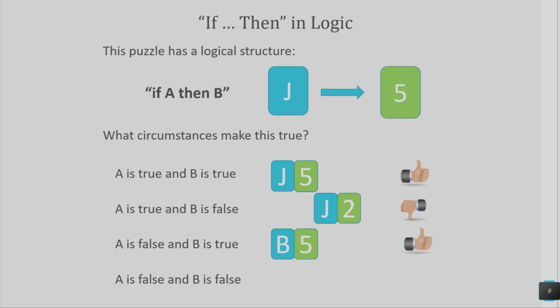But what happens if your assumption is false? For example, you have a card with a B on it, not a J. Then it really doesn't matter whether it has a 5 or 2 on the other side, because you're really not interested in cards with B. You're only interested in cards with J. So in this case, your statement, every card with a J has a 5, would still be true, no matter what you can find on the other side of the cards with a B on them.